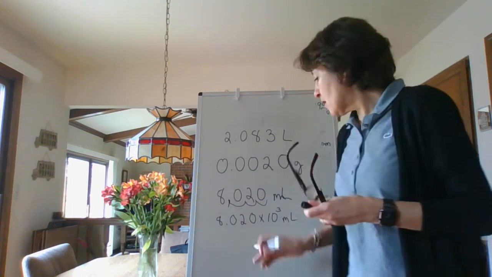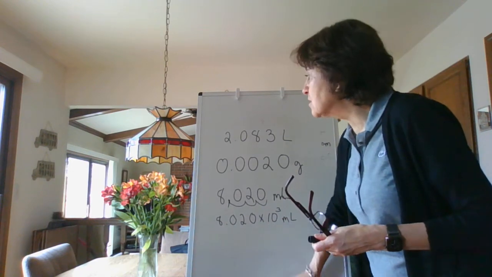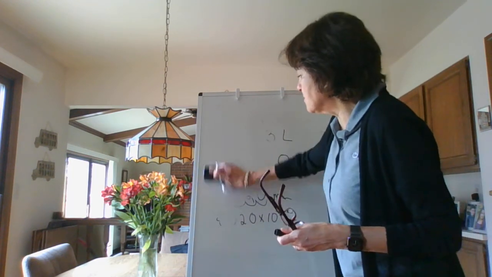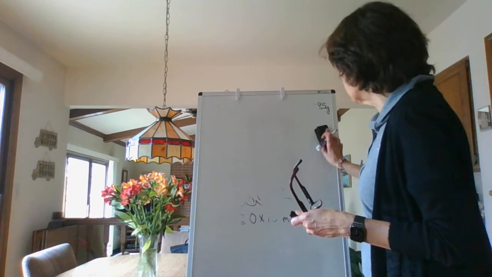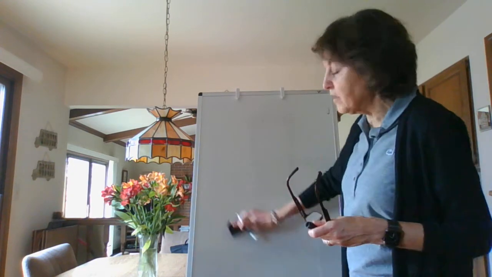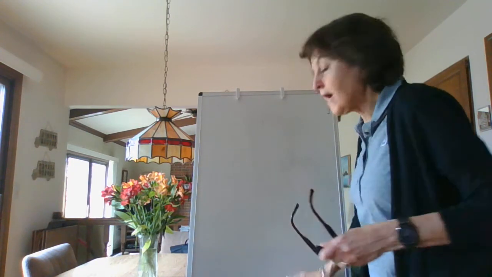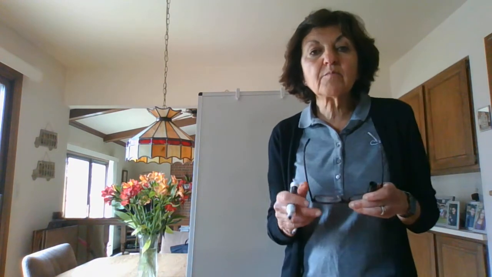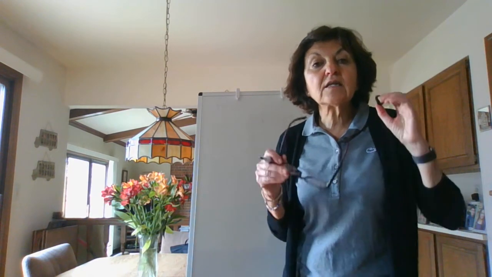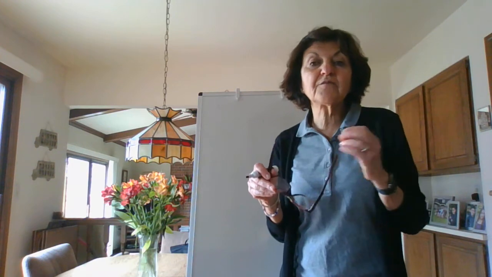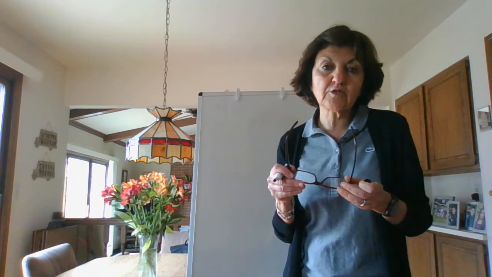Okay? All right, so what are some rules for calculations? Well, when you're doing a multiplication or a division, the final answer has to have the same number of sig figs as the least number of sig figs in one of the measured quantities.